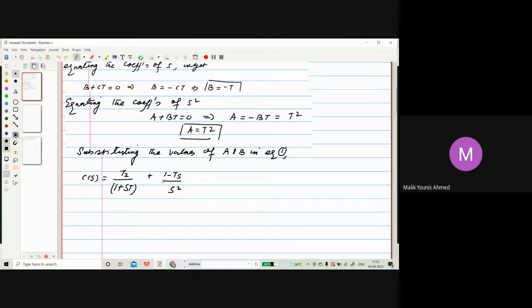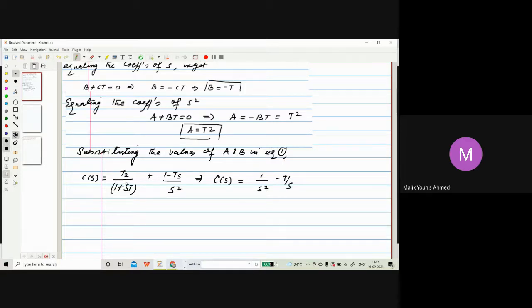So let us simplify it more. I can write CS as 1 by S square. S and S will go, and that will be minus T by S.